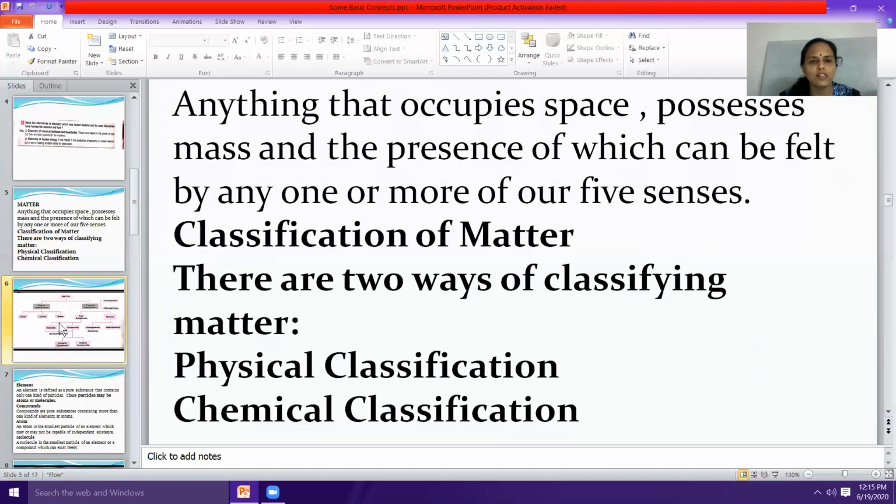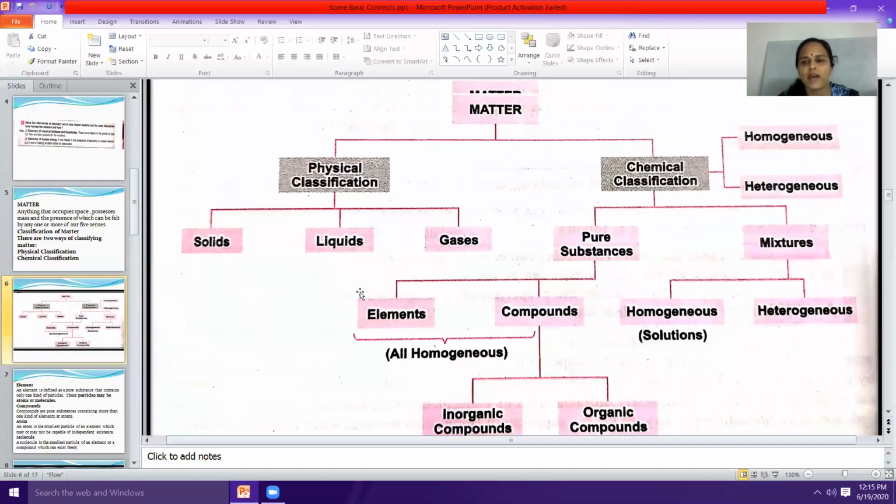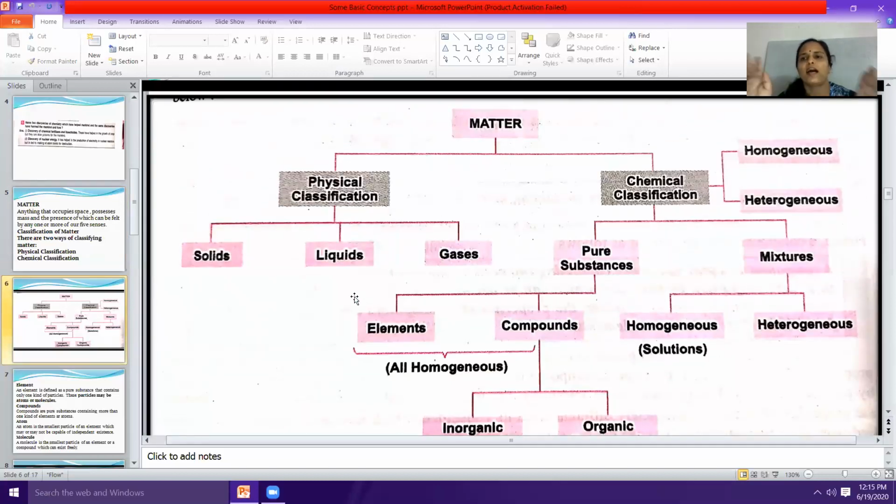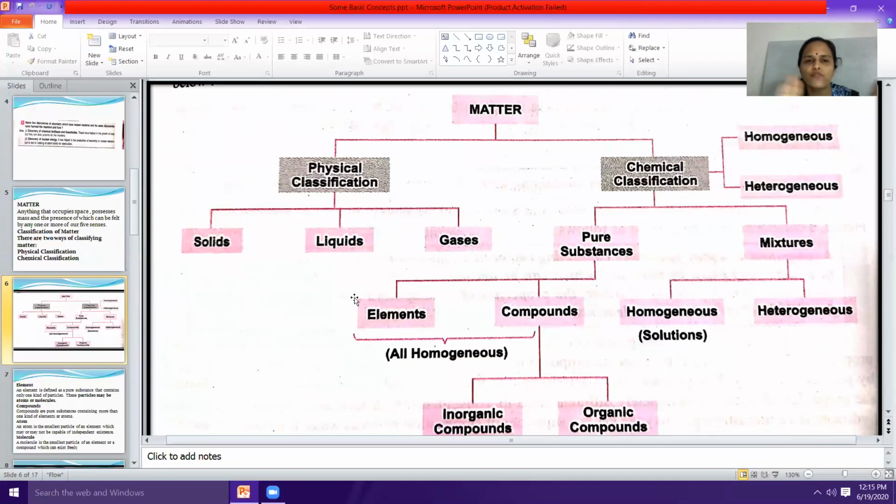Look at the flow chart. Matter is classified into two types, physical classification and chemical classification. Physically, we classify matter into three types: solid, liquid, and gas. And chemically, we classify matter into two types: pure substances and mixtures.